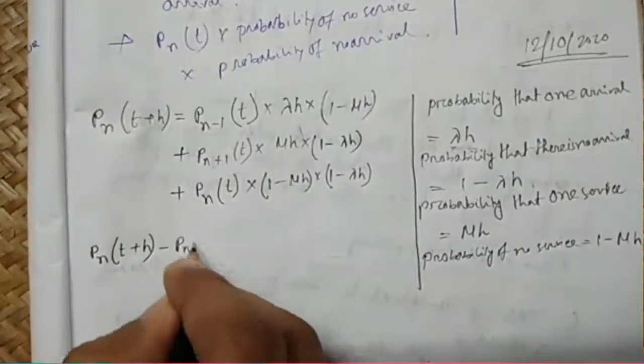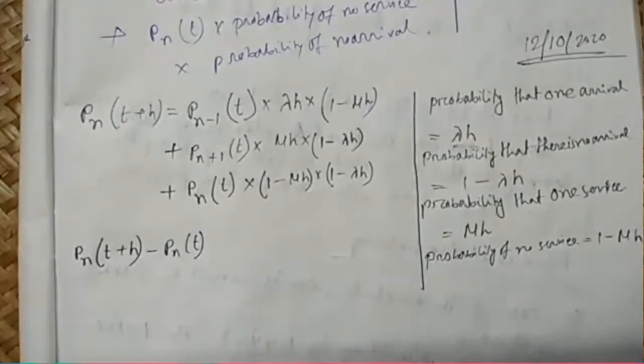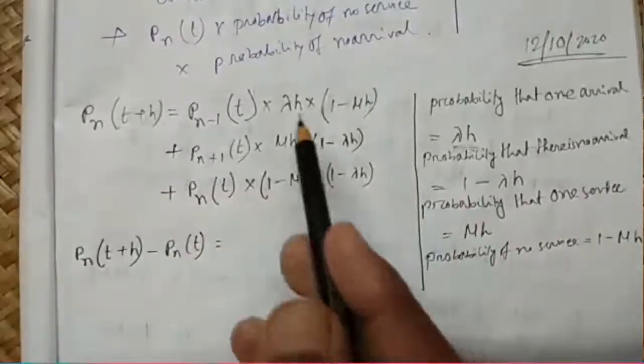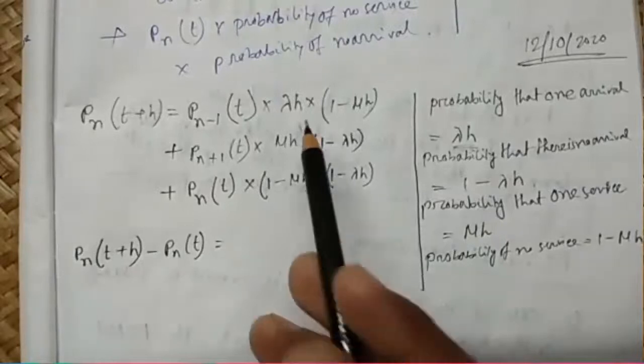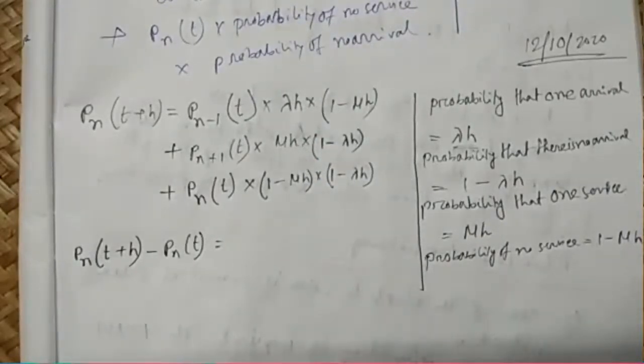So we can write this on the left side and the rest will be on the right hand side. Now on the right hand side, in each term there is a common h. Here there is h, here there is h, and here of course there is h. So the h is taken to the left.